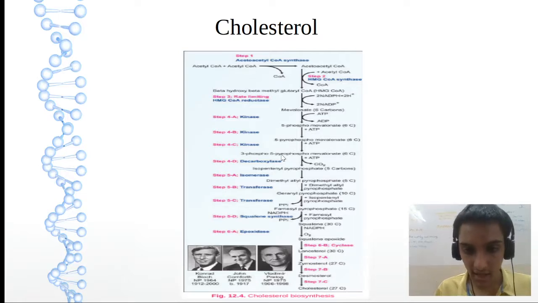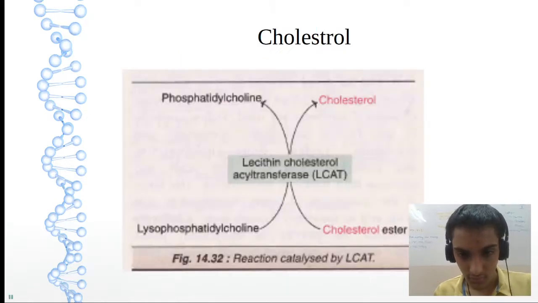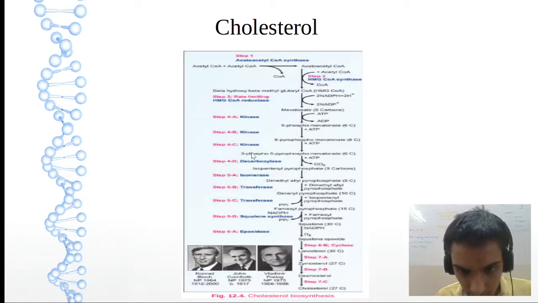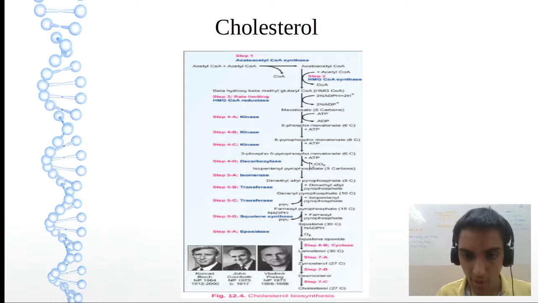Same enzyme, same conversion, that is addition of the 3-phospho will be added, so 3-phospho-5-pyrophosphomevalonate. Then on decarboxylation we'll get IPP, isopentenyl pyrophosphate.